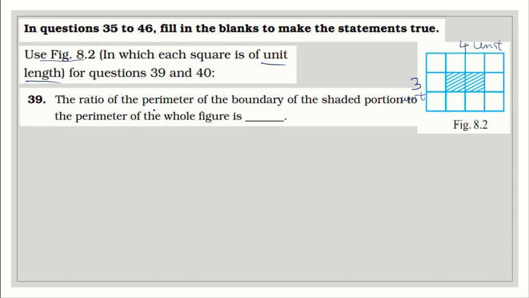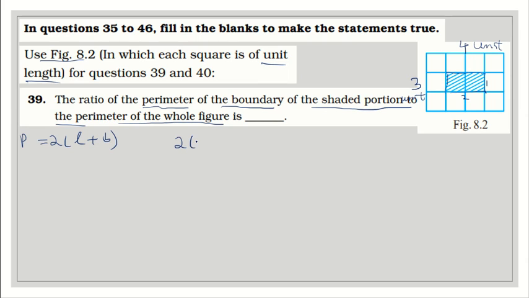Now question number 39 and 40 is based on this. 39 is the ratio of the perimeter of the boundary of the shaded portion to the perimeter of the whole figure. So, ratio of perimeters of shaded portion to the whole figure. First, how to find perimeter? It is a rectangle, so we will use the formula 2 times (L plus B). In the shaded portion we have 2 units by 1 unit, which is also a rectangle.